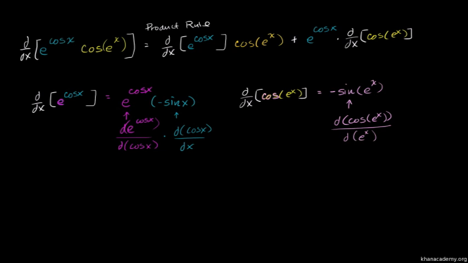Negative sine siyazi ukuthi i-derivative ka cosine times e to the power of x, lokhu ke i-derivative ka e to the power of x with respect to x.